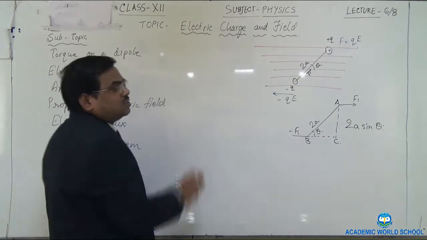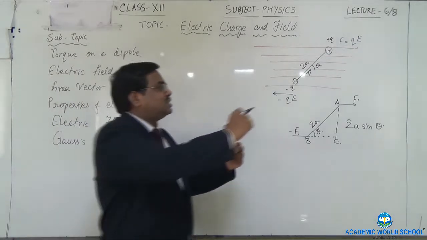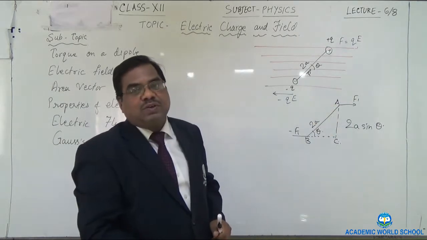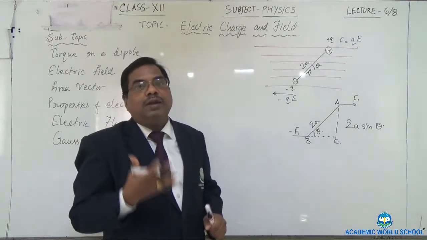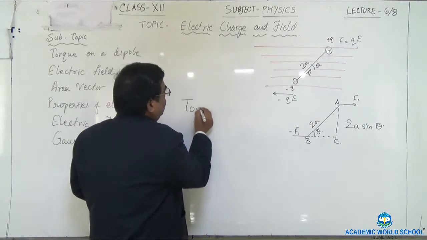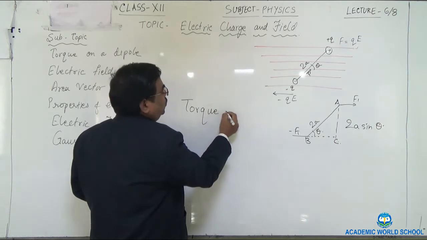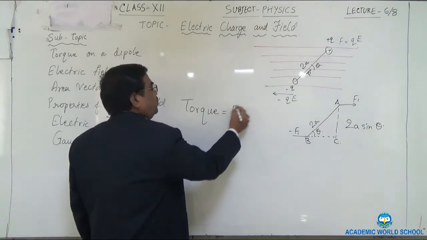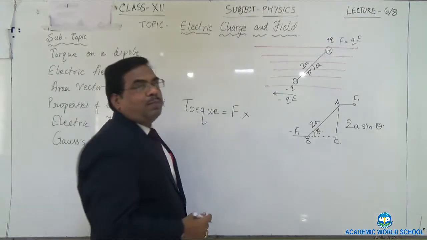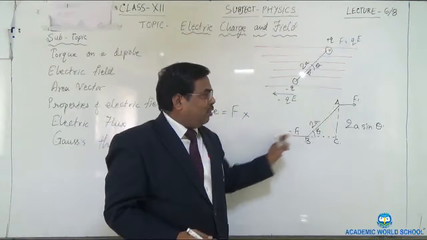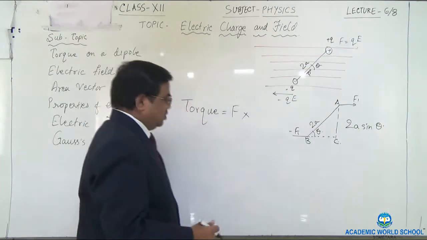Such a pair of forces acting at some distance from each other is called a couple or torque. To measure the torque, we take either of the forces and multiply it by the perpendicular distance between the two forces.